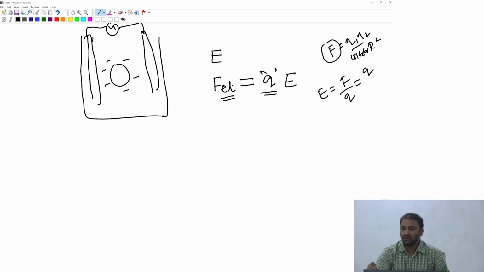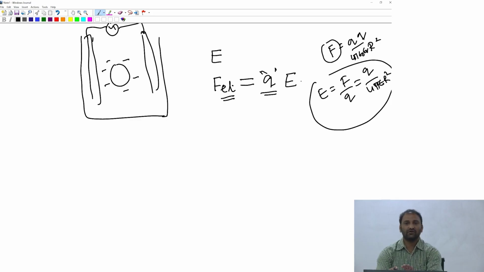If instead of Q1 Q2 you have Q squared, with two charges, then Q divided by 4 pi epsilon naught epsilon r times r square is your electric field. That's how the force and the field are related. All of you know this, right? Yes? No?